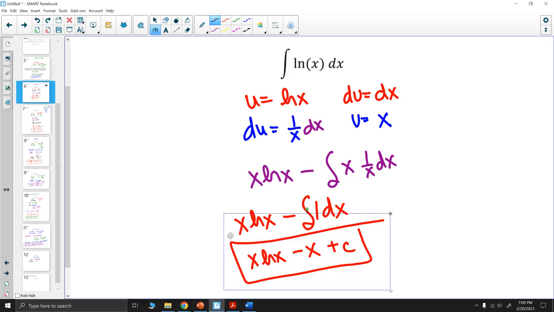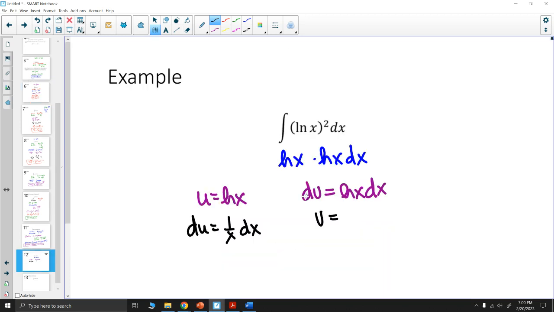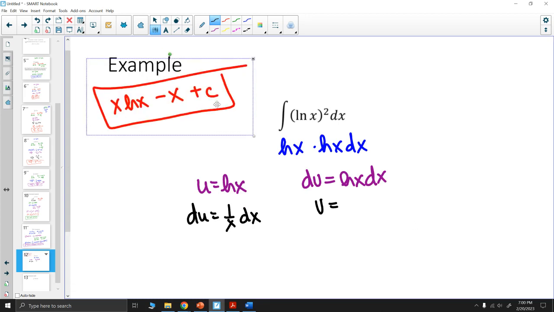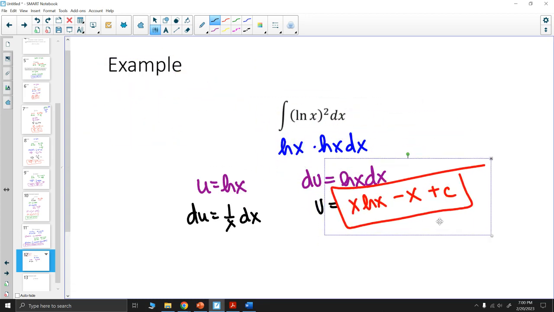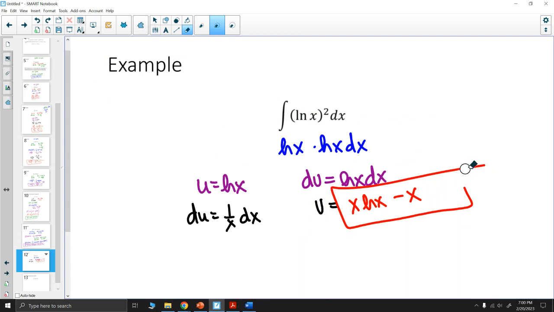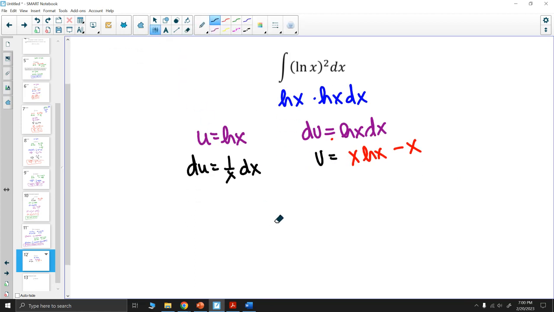I'm going to go ahead and copy this. I'm just going to lose the C here. Again, this is just pulled from one we've already done, but it's literally just using integration by parts. Okay, so let's go ahead and plug this thing in.